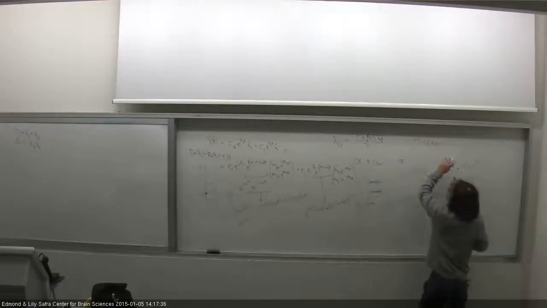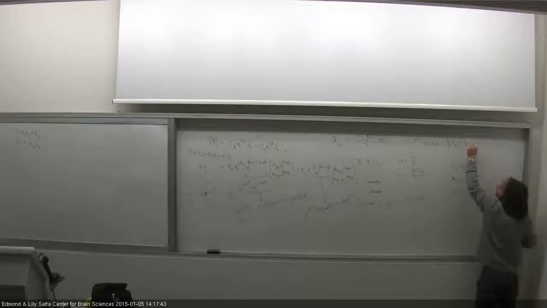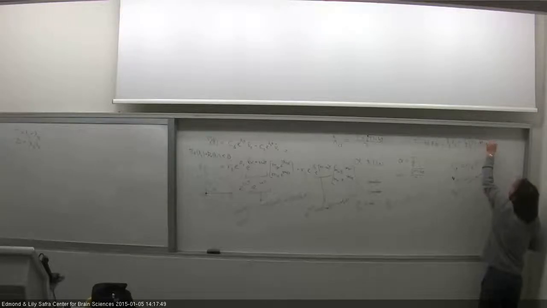This is lambda 1 times lambda 2 equals 1/2 trace plus square root of trace square minus 4 delta, times 1/2 trace minus the square root, equals 1/4 trace squared minus what you have in the square root.